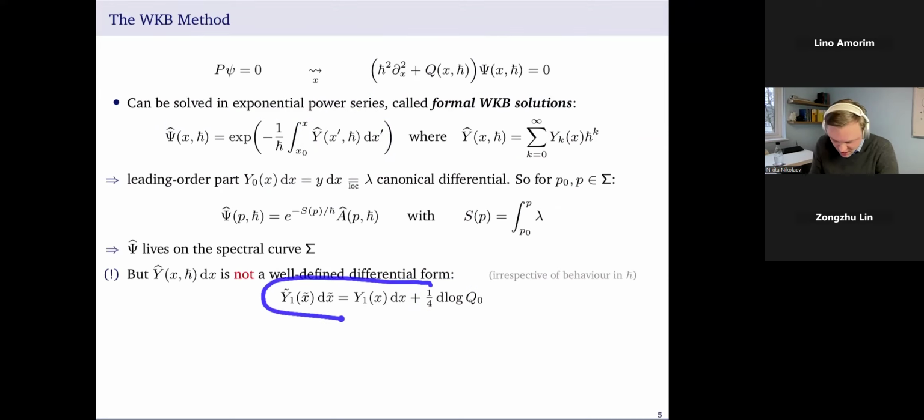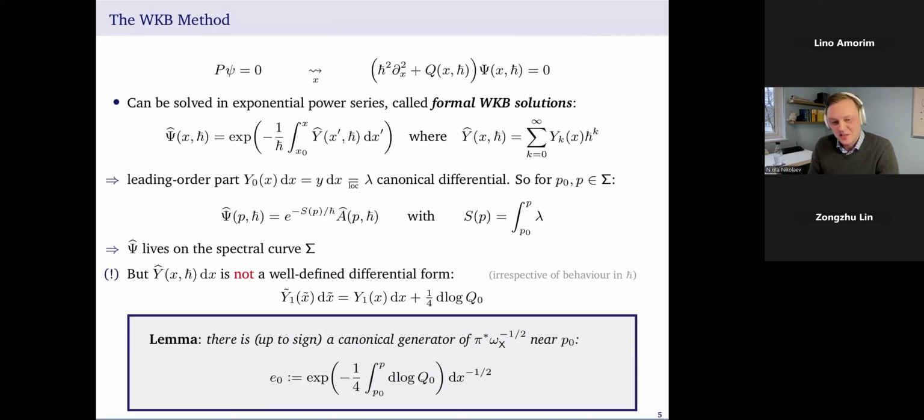If you just stare at this formula, you see that this discrepancy in transforming like a differential form is really occurring only at the h bar to the order 1 part. So it's just y1 which is screwing things up for us.